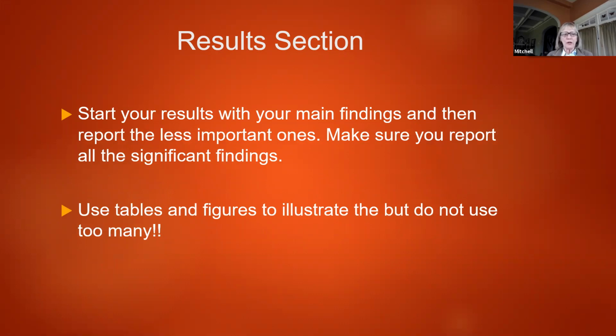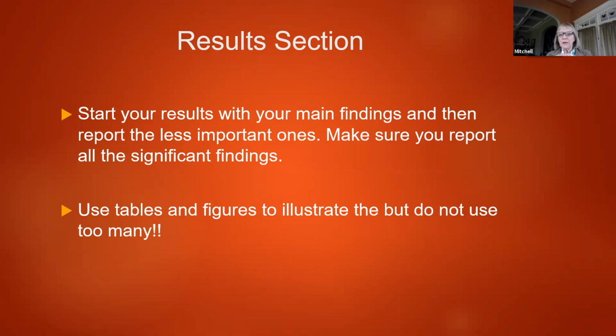Again, we want to start this section with your main findings, and then you would report any less important ones. But you do want to make sure that you're reporting all significant findings. We want to, again, organize the presentation of results by specific hypotheses or specific aims.